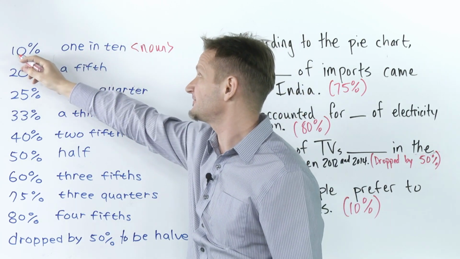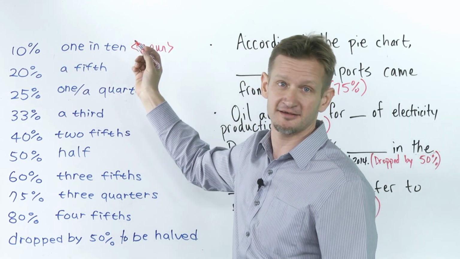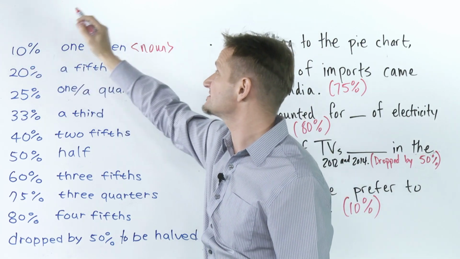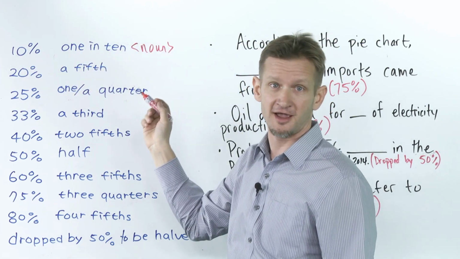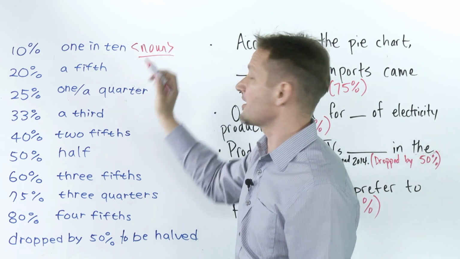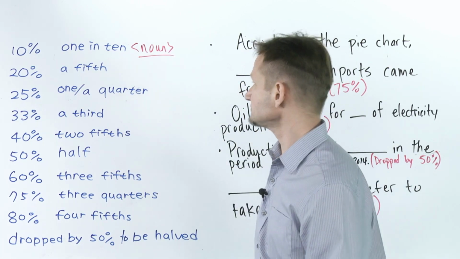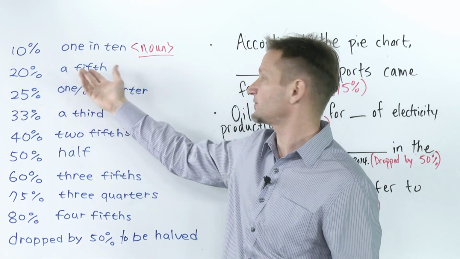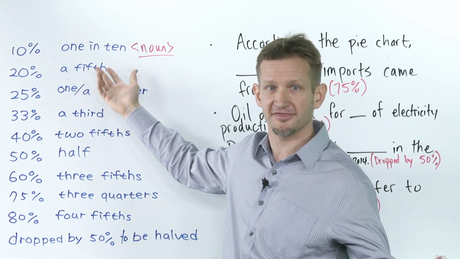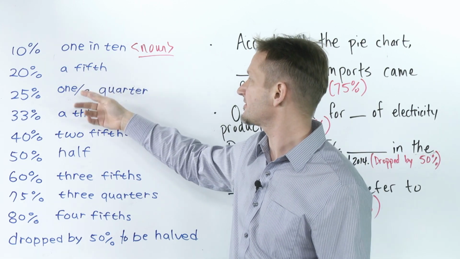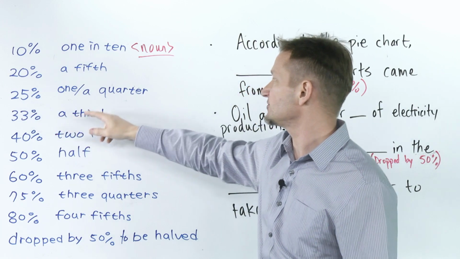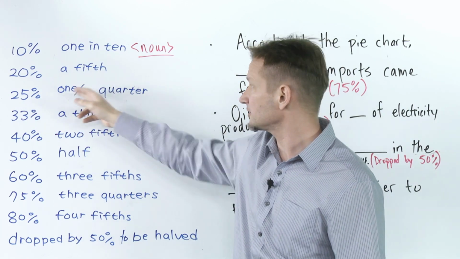If it's 50%, you can say 5 in 10. If it's 70%, you can say 7 in 10. Just make sure you put a noun afterwards. And then moving on. So 20%, we also say a fifth. A fifth. Make sure you get that. 25%, you can say a quarter or 1/4.